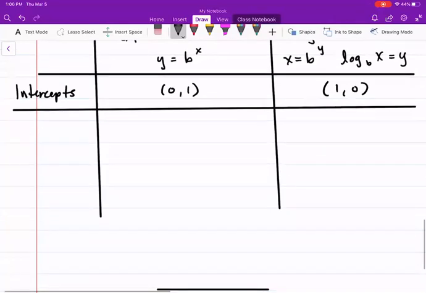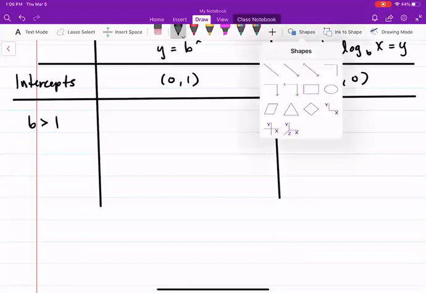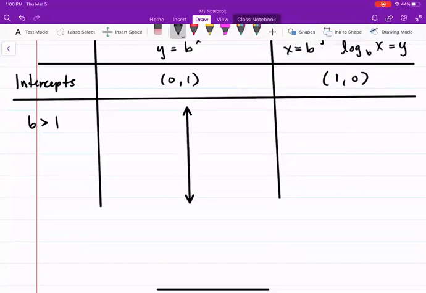So before I talk about domain and range, I'm going to show you the graph first, because I have on this list that I wrote down domain and range, and you're like, well, what does the graph look like? How am I going to know, right? So let's talk about the graph first. So we talked about, let's say, if b is greater than 1, okay? What did the graph look like if b is greater than 1?